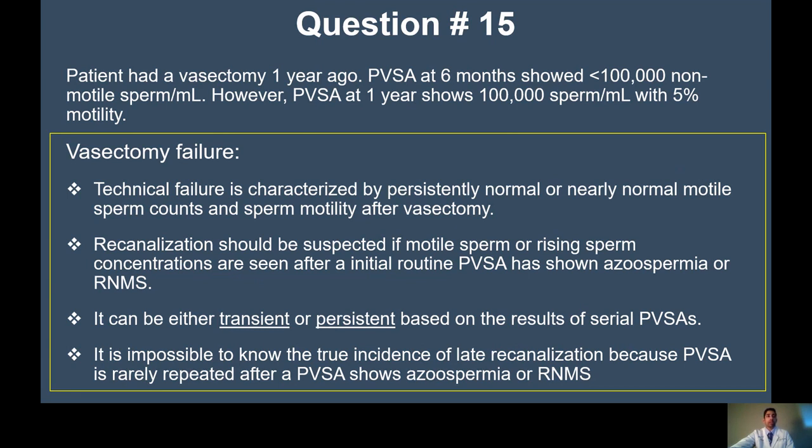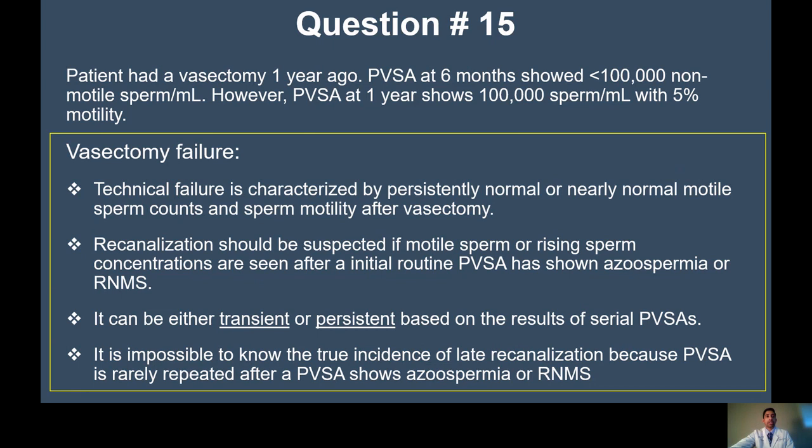So vasectomy failure. So technical failure is characterized by persistently normal or nearly normal motile sperm counts and sperm motility after vasectomy. So this patient who had passed his post-vasectomy semen analysis at 6 months would not be considered to have a technical failure because it was negative at that time.